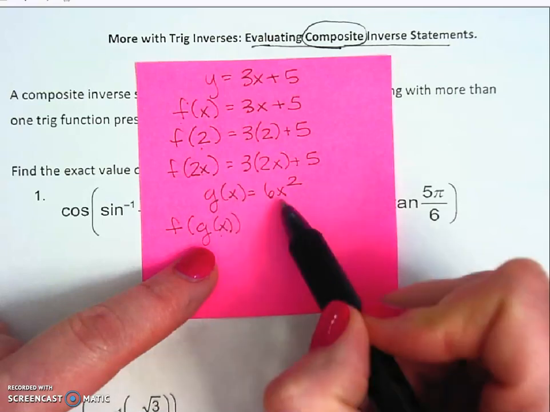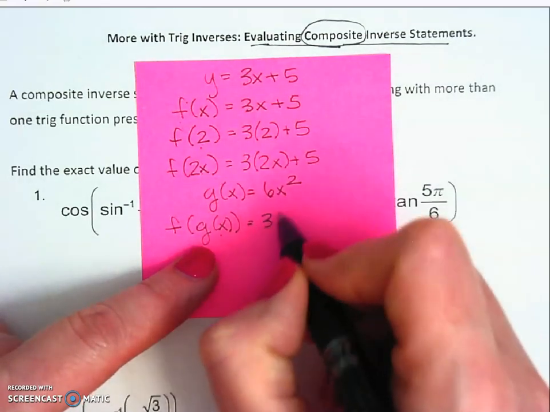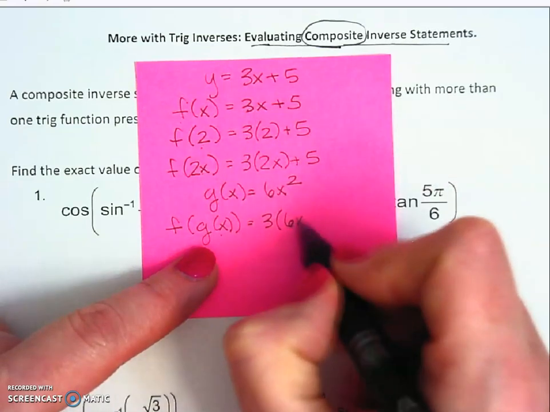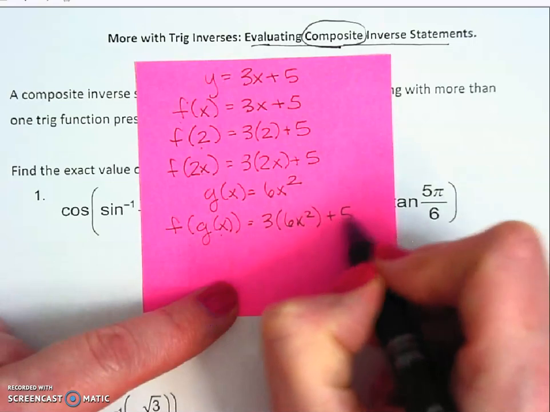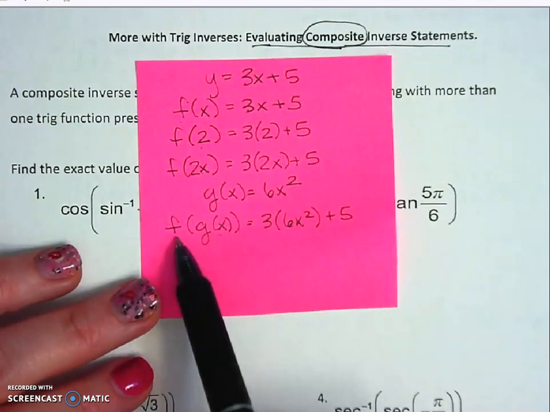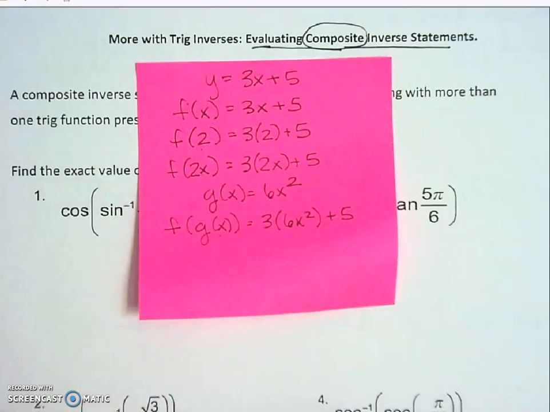So g of x is this entire expression, so I would have 3 times x. I'm now substituting x with the 6x squared. And this right here, when you take a function and plug it into another function, this is a composition of functions. And we're going to be doing that today with inverse and regular trig functions.